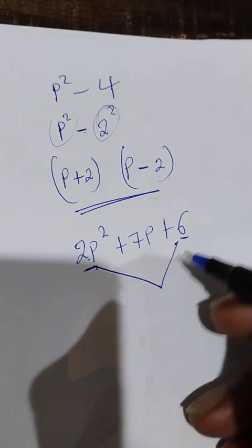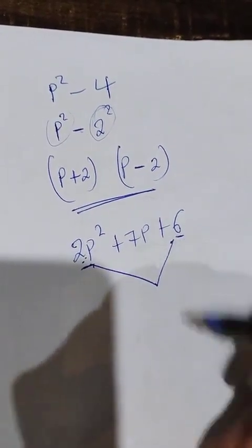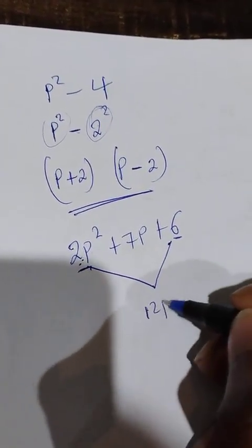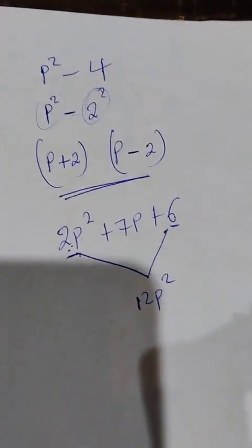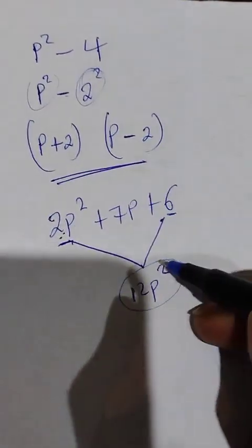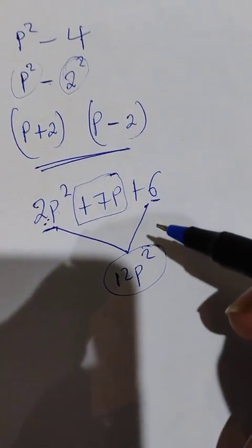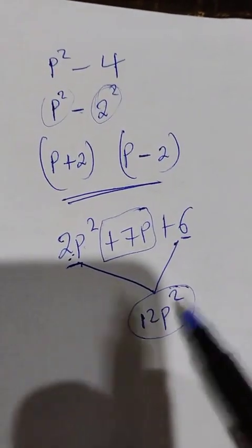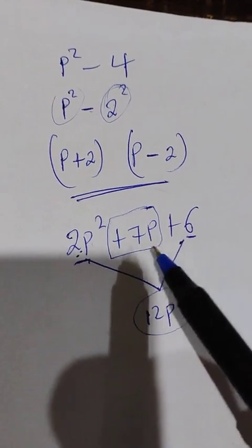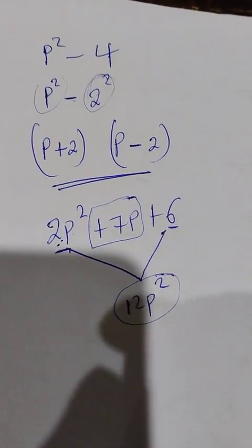So you multiply the first and the last. 2p squared times 6, that's 12p squared. So now we are targeting 12p squared and plus 7p. So the factors of 12 which we multiply to get 12p squared and which we add to get 7p.